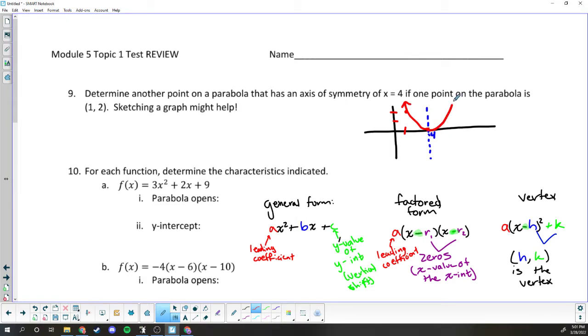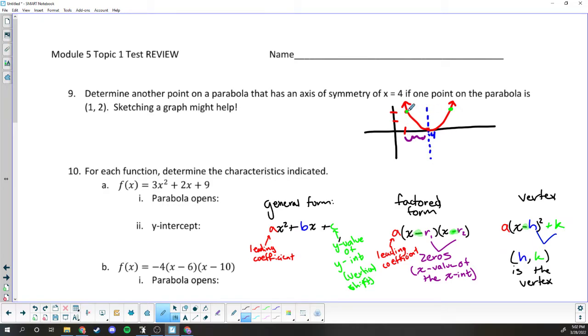Okay. I know that it's symmetrical because I have a line of symmetry, which means what I'm looking for is this point right here, right? I know because there's a point at 1, 2, on the other side of the graph, there's also going to be a point I can find, and that's what I'm looking for. Okay. But to do that, I have to think about distances between the middle, or my axis of symmetry, and this point.